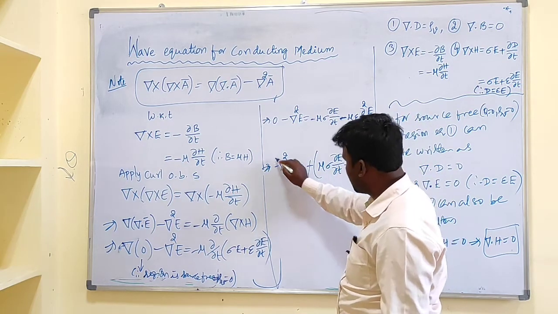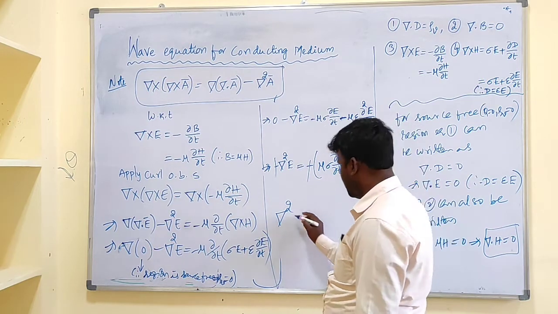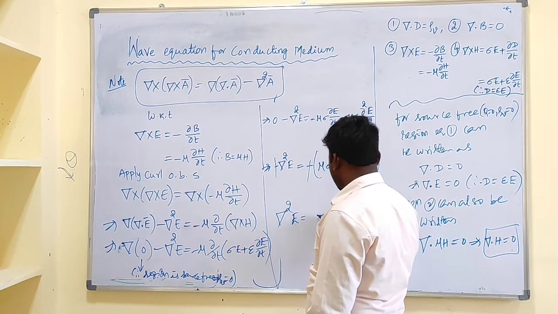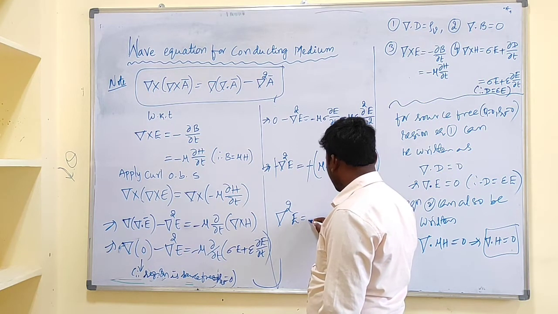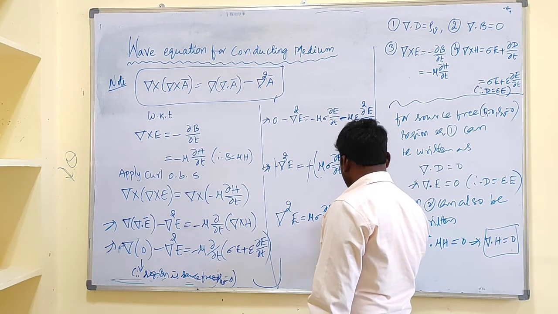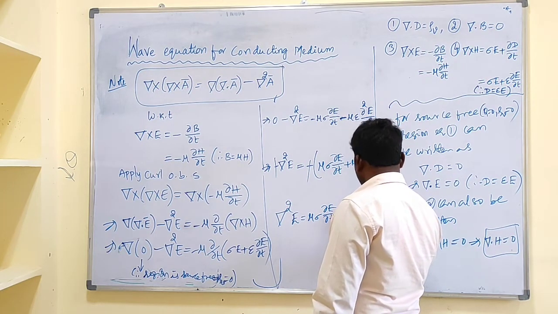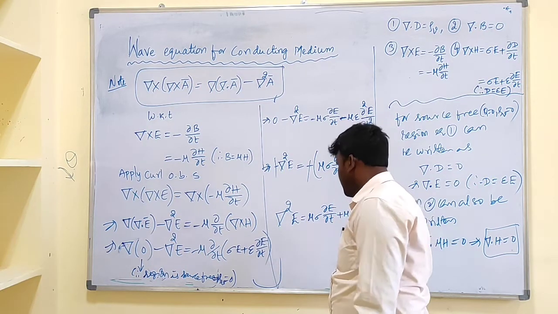So this minus cancels out, finally we will get del square E equal to mu into sigma dou E by dou t plus mu into epsilon dou square E by dou t square.